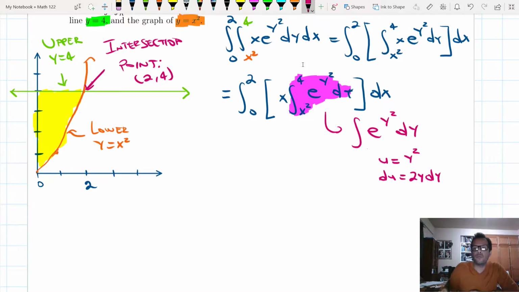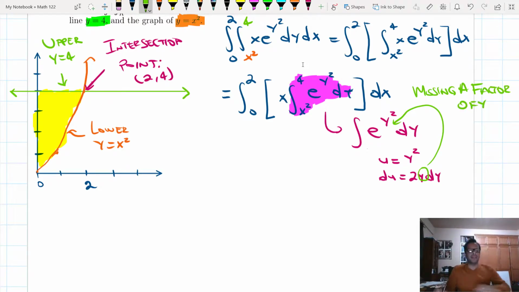In this case, we are missing a factor of y. Keep in mind that when we do integration using substitution, we can always compensate by multiplying by a number provided you divide out another number. However, we cannot just add a y and then divide by a y right here.